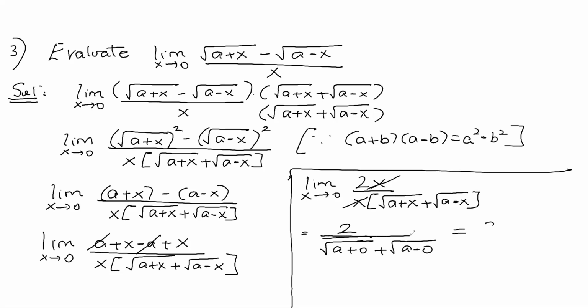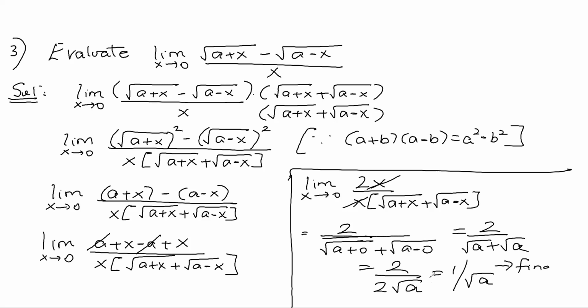So I guess now students should be getting this answer. So 1 upon root a is the final answer. Now if students are getting that, very good. If you're not getting it, you can unmute your mic and ask.